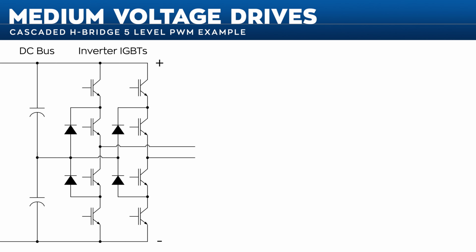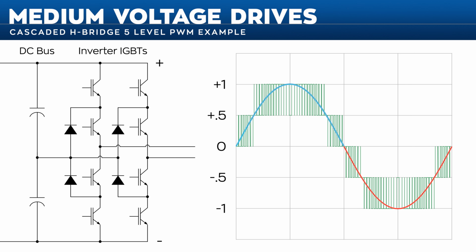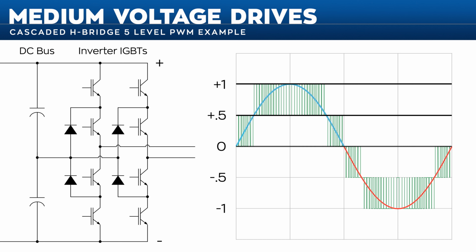A cascaded H-bridge connects multiple 3-level IGBT power sections in series. When 2 3-level bridges are connected in series, or cascaded, the result is a 5-level output bridge.